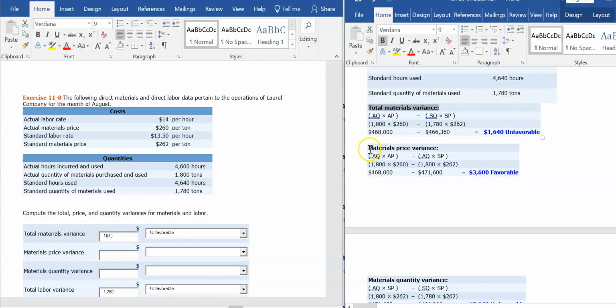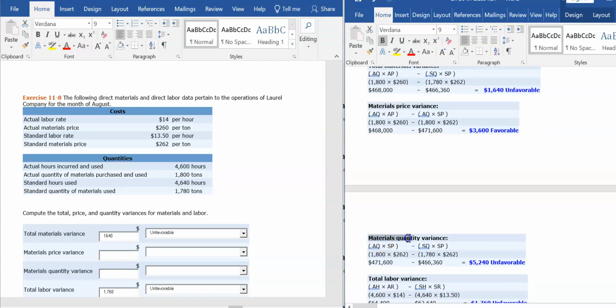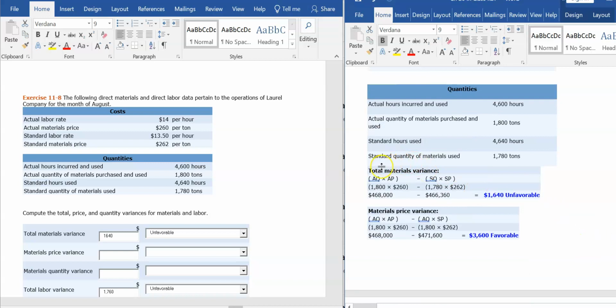A variance in the material cost in total could be due to the price we paid for the materials, or it could be due to the quantity of materials used to make the inventory. This total materials variance is calculating the total variance between the total actual material cost and what the standard total cost should have been based on the standards.